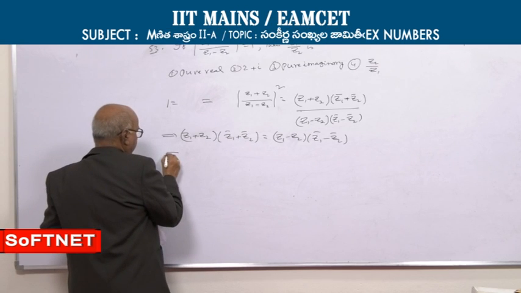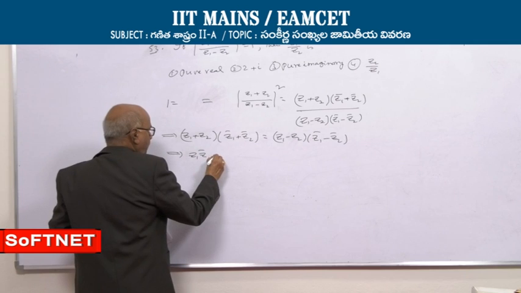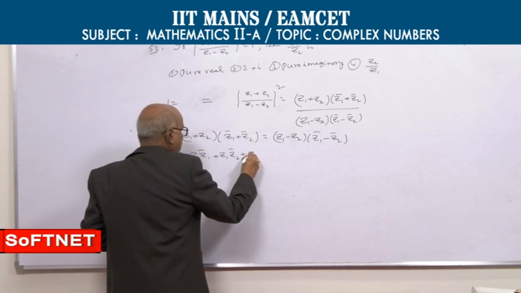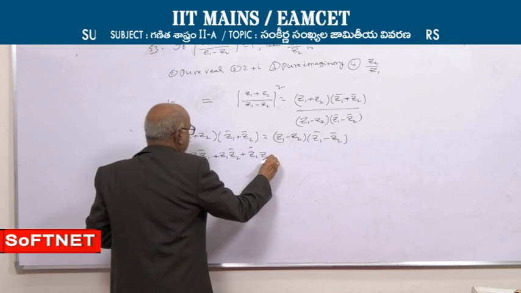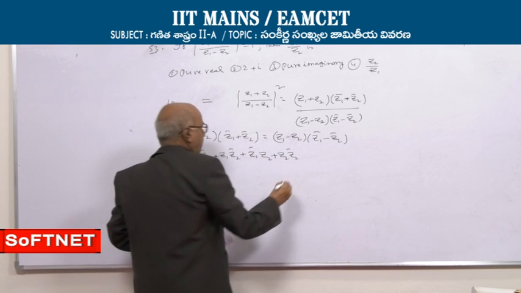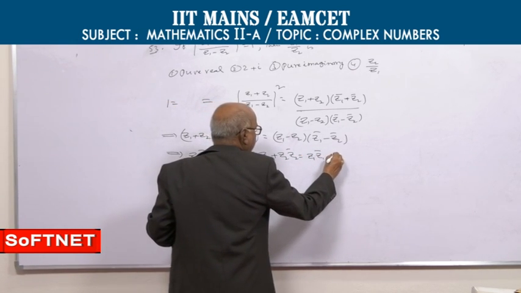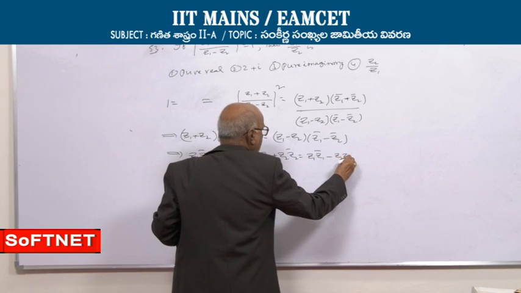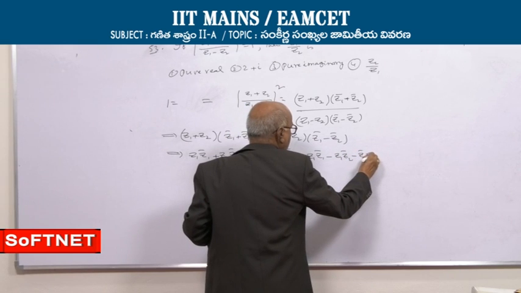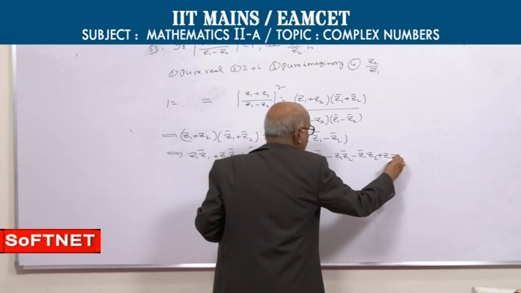So now expand, multiply. So this is Z1 Z1 bar plus Z1 Z2 bar plus Z1 bar Z2 plus Z2 Z2 bar is equal to Z1 Z1 bar minus Z1 Z2 bar minus Z1 bar Z2 plus Z2 Z2 bar.